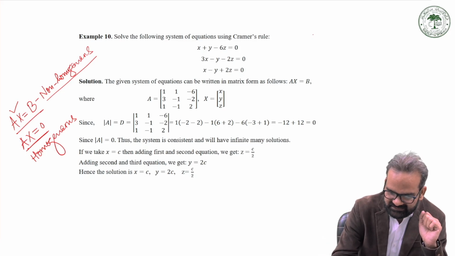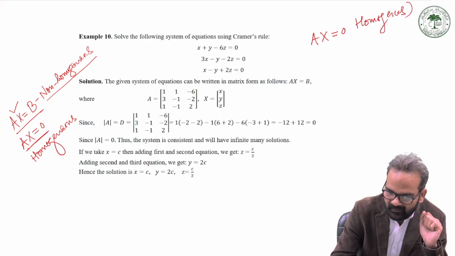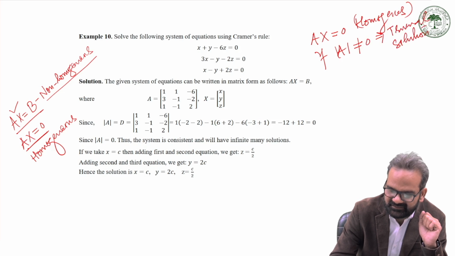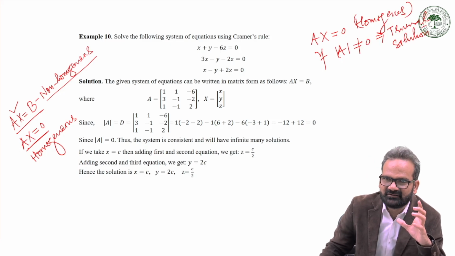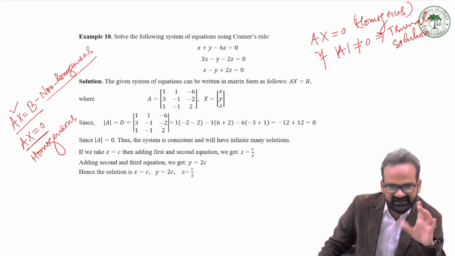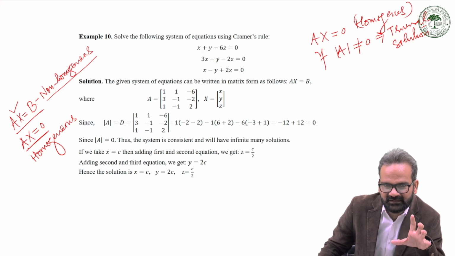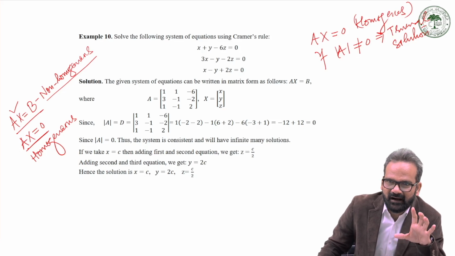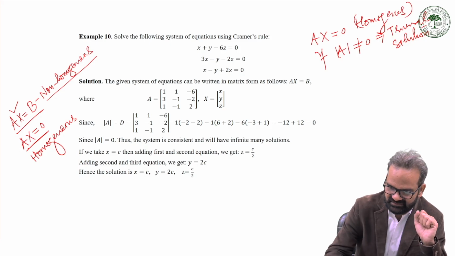We know that for the system Ax equals 0, that is a homogeneous system, if determinant of A is not equal to 0, this implies the system has trivial solutions. I have discussed the term many times. Trivial solution means the values of the variables involved in the given equations are identically 0. Such a solution is known as a trivial solution.